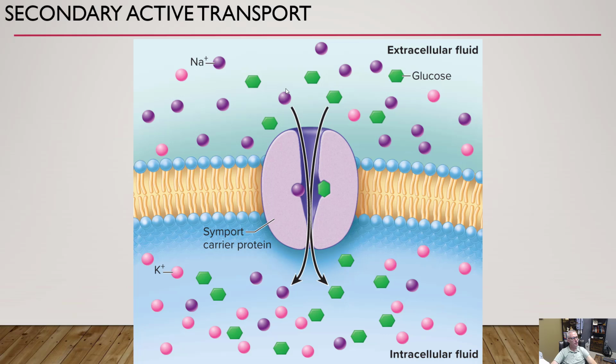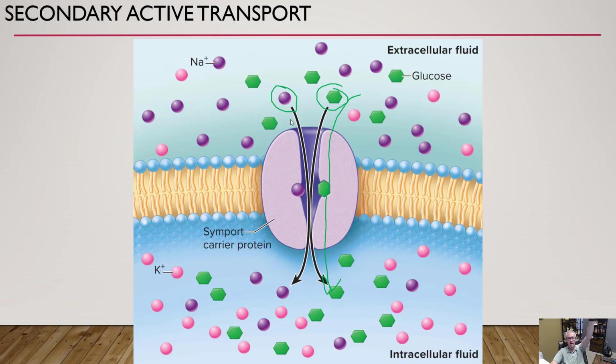Basically, what we're doing is we're going to bring in sodium and we're going to bring glucose in. Glucose is actually going against the concentration gradient. So technically that's an active transport because we're going against the concentration gradient.